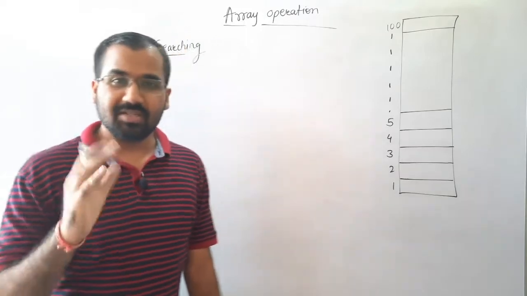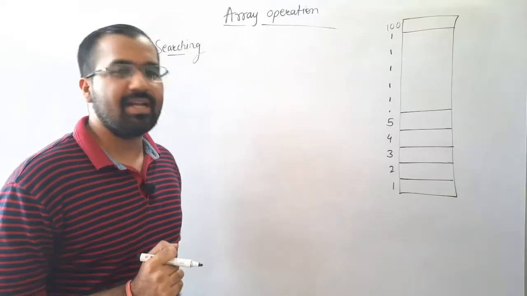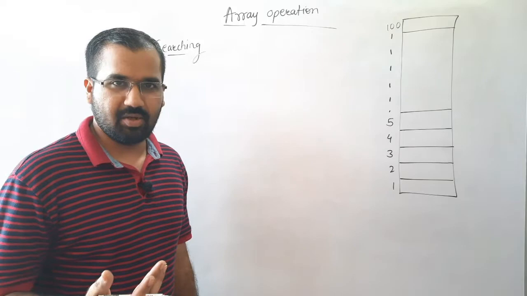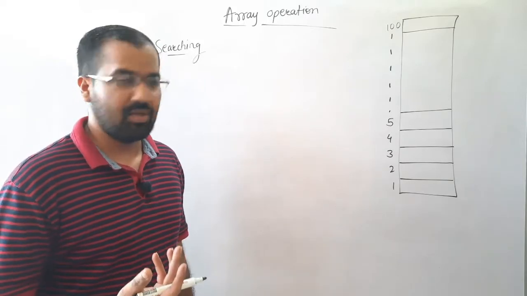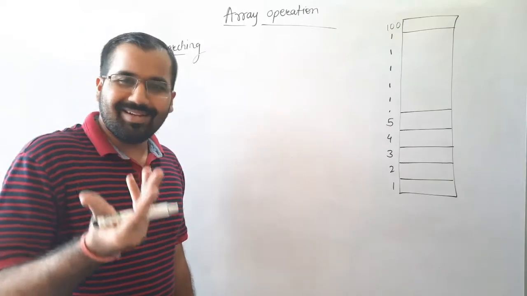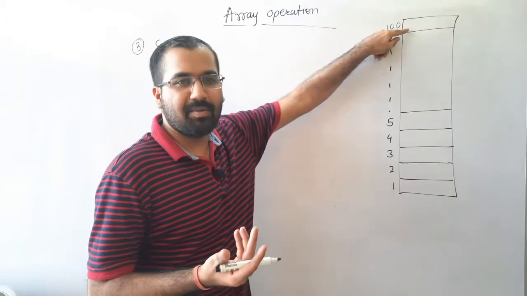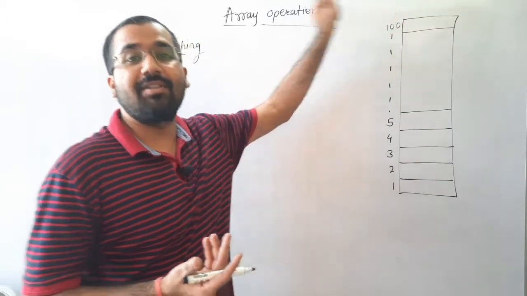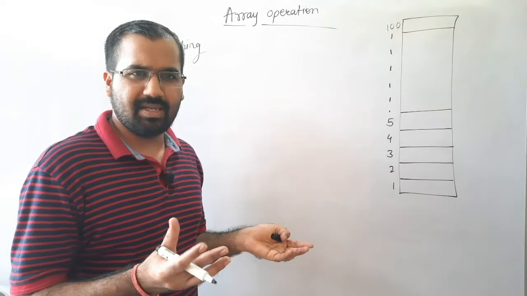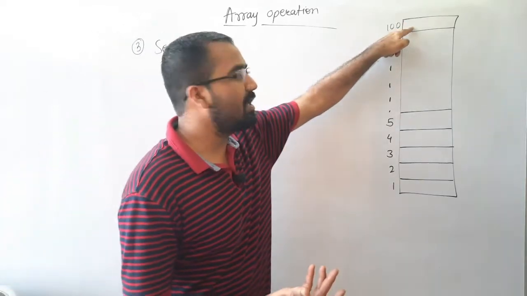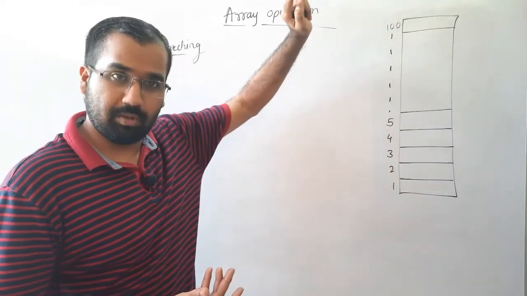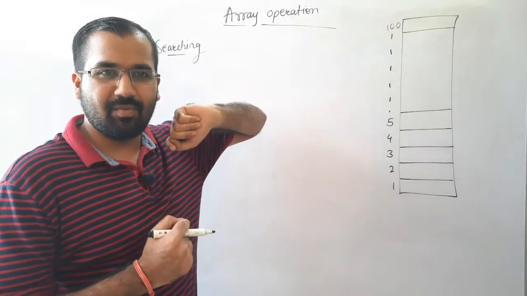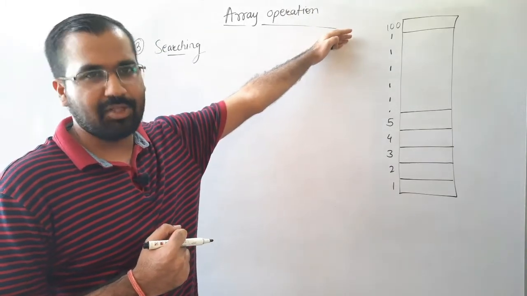Okay. And the situation I'm going to tell you now is that you are invited as a guest for dinner in an apartment situated on the 100th floor. It's your friend's apartment, he is living on the 100th floor, and he's inviting you to be his guest and join the dinner.